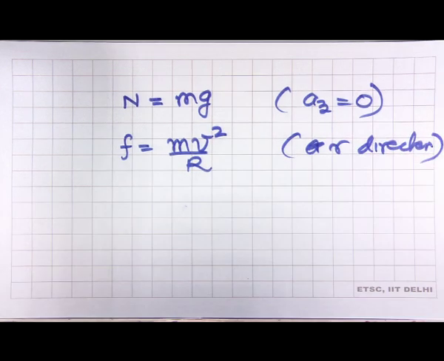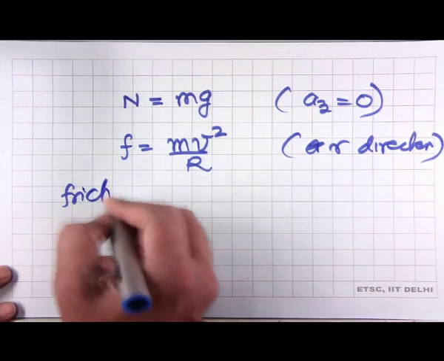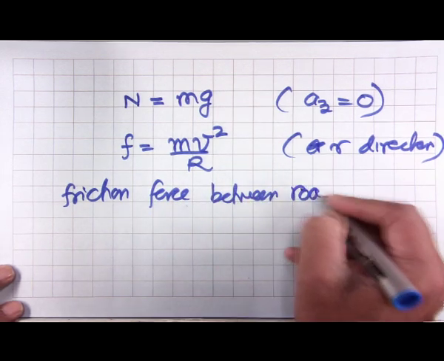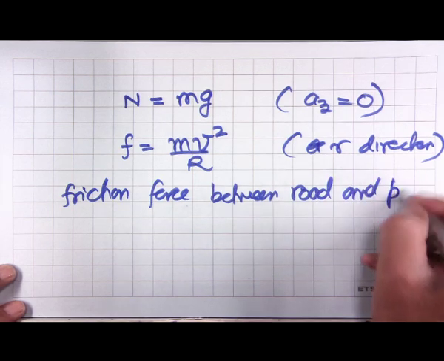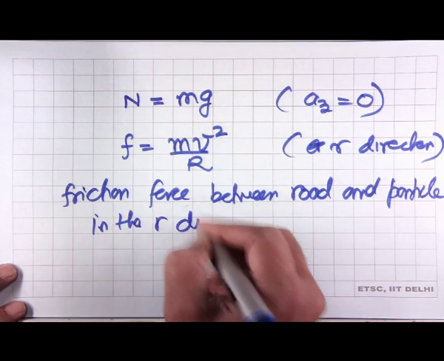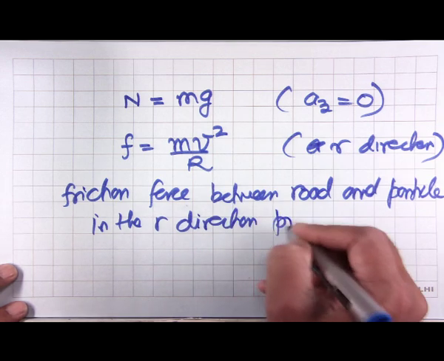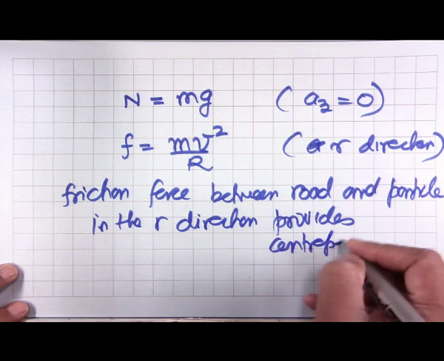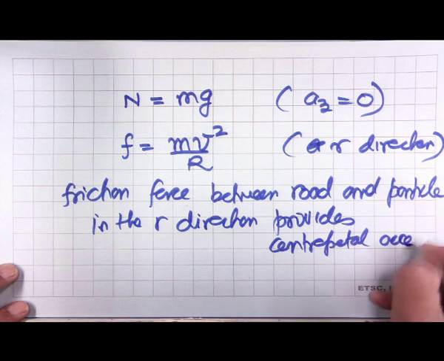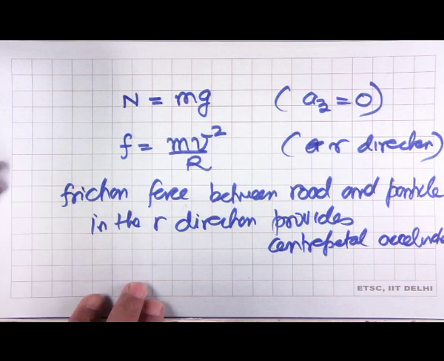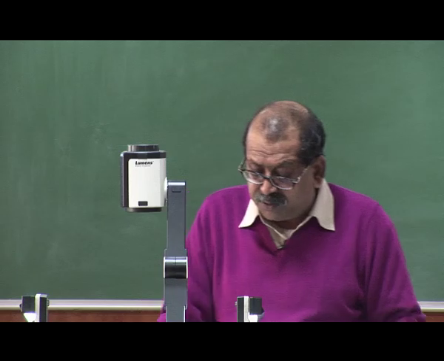Therefore, the friction force between the road and the particle in the R direction is what provides the centripetal acceleration. But we realize there is a limitation with the friction force.